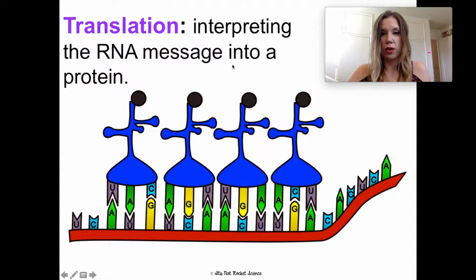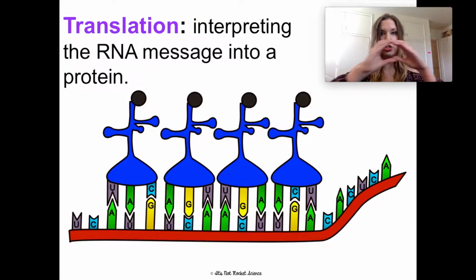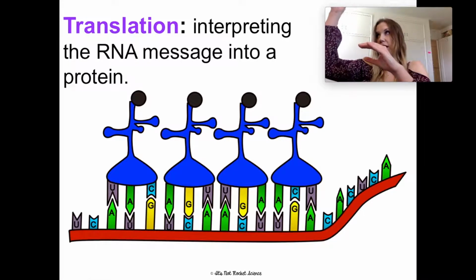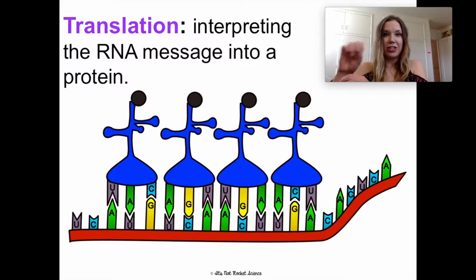We'd have this nice chain of 3 amino acids, and then this tRNA would go bye-bye. Then another one comes in and drops off its amino acid, and we have a sequence of 4 right here. This just happens as the ribosome travels along the strand, attracting tRNA molecules to come in, drop off their packages, and then leave.